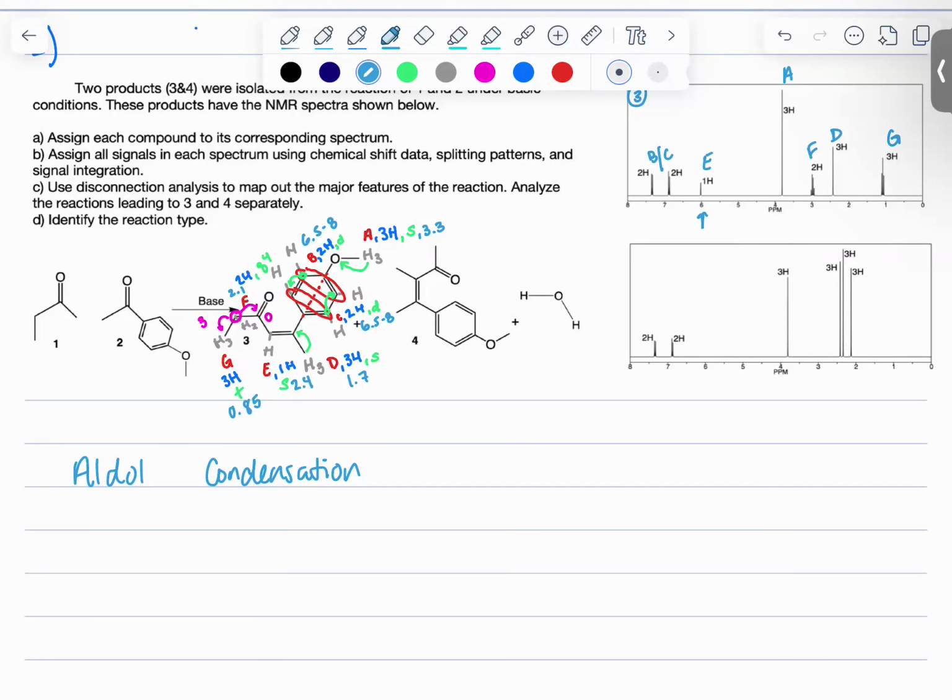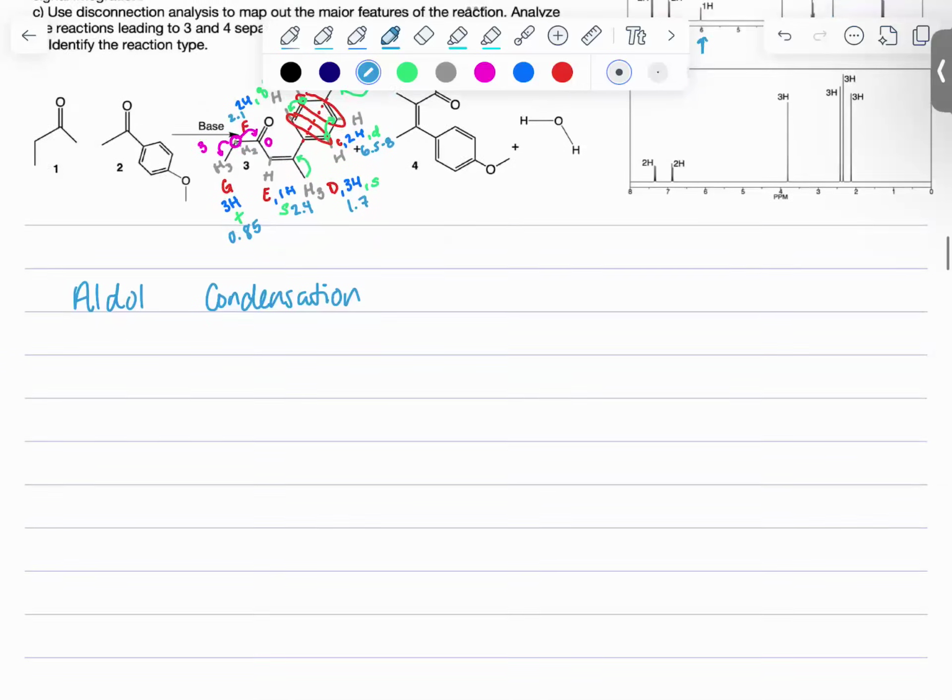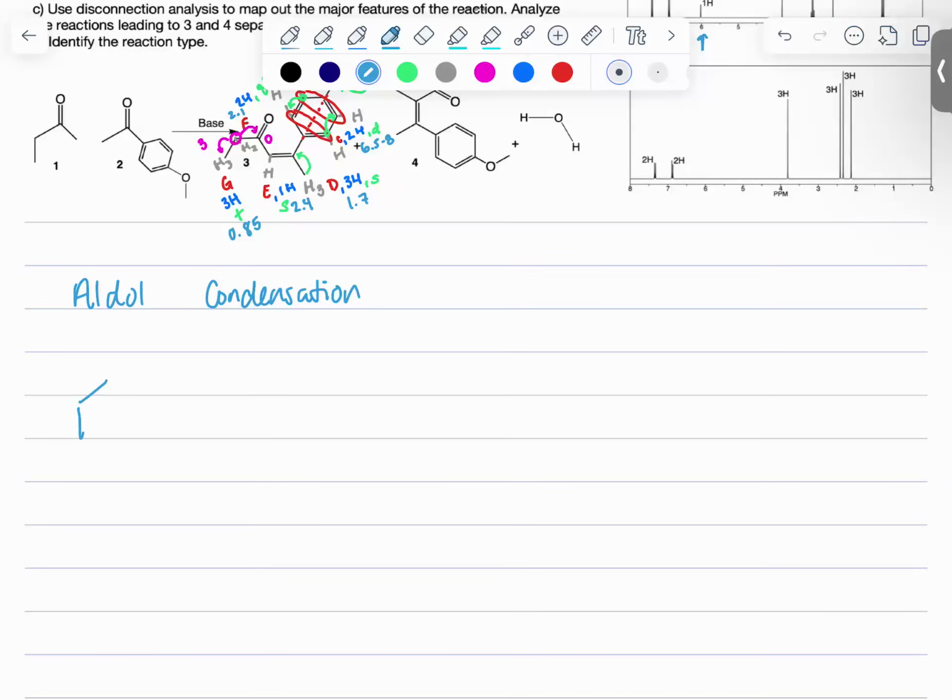So how can we do disconnection analysis for this? We'll start with drawing out our starting materials.